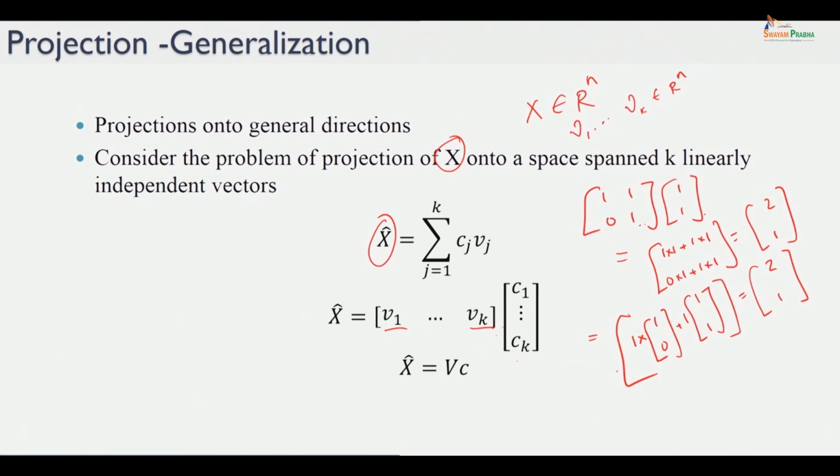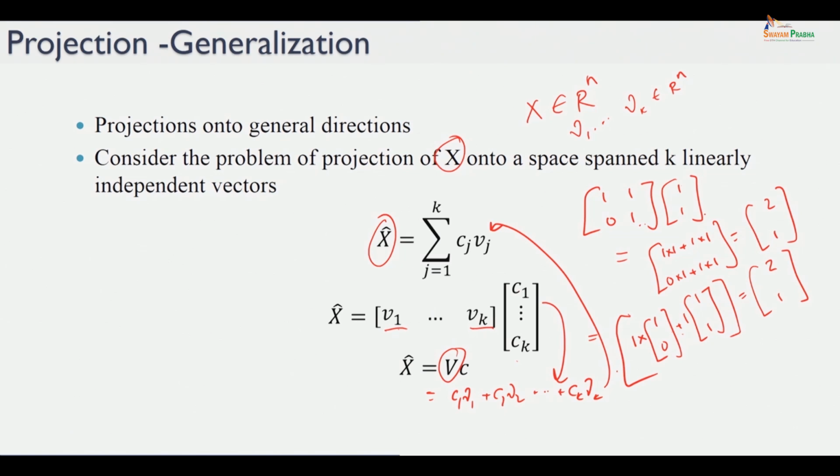When we multiply, this will be C1 times the first column, much like how we have written here. So this will be C1 times nu 1 plus C2 times nu 2, all the way up to Ck times nu k. So this and this are the same. Okay, so x hat can be written as V times C, where V is a matrix where all these basis vectors are stacked in columns, and C are the scalar constants which have been stacked as a single column.